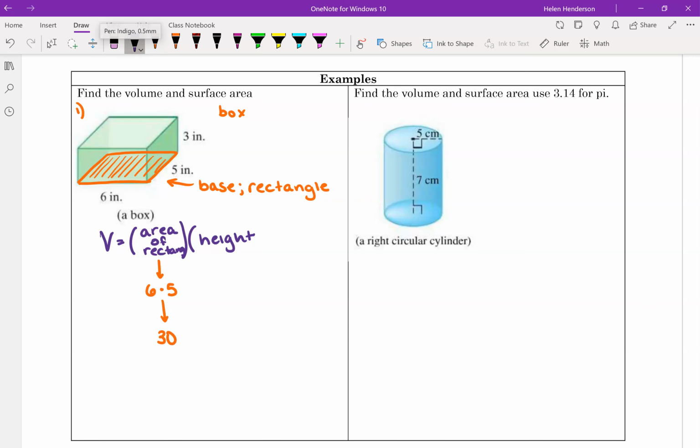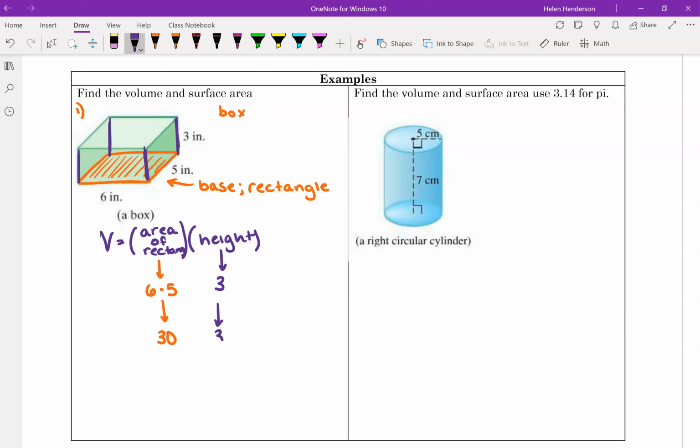Now let's do the height. So the height is the third dimension here, right? So how tall this box is, well, in this case, the box is 3 inches. So the height is 3 inches.